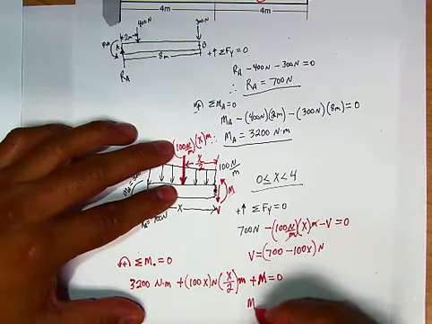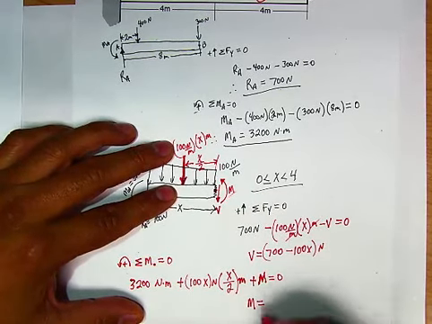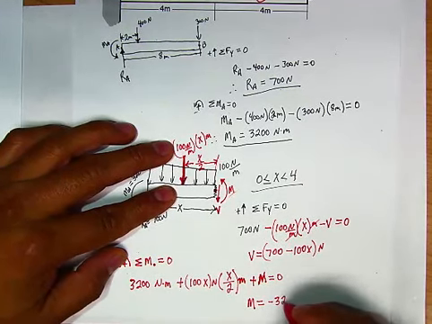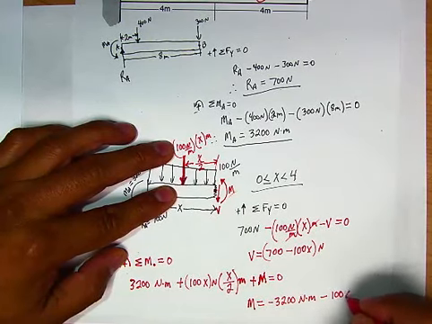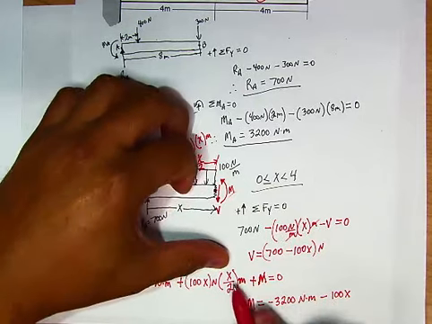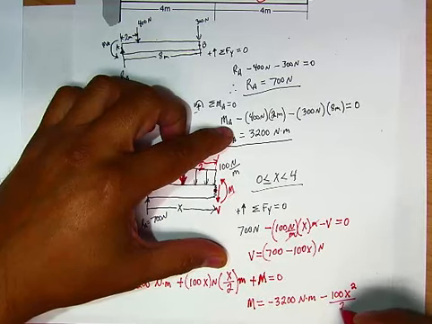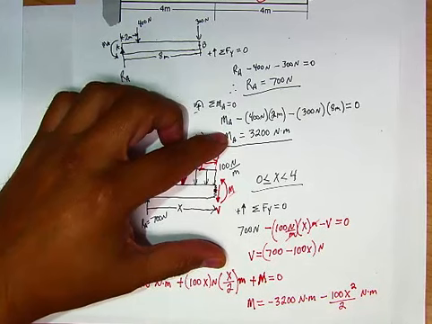So our moment equation, again, only valid from section 0 to 4, is equal to negative 3200 Newton meters, and of course negative 100x times x over 2, which is basically x squared over 2, and it is also in Newton meters.